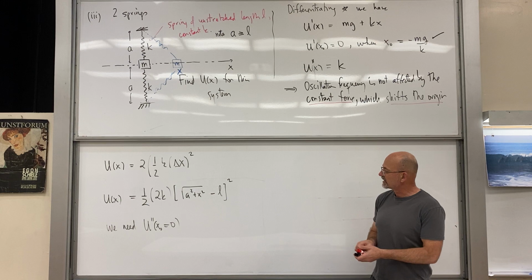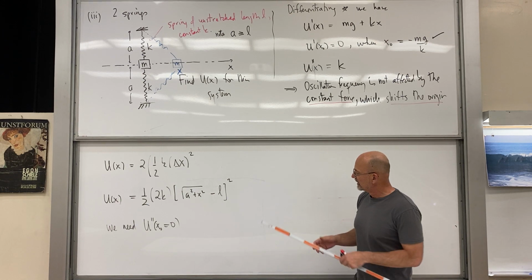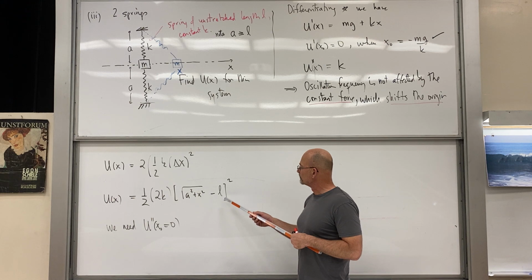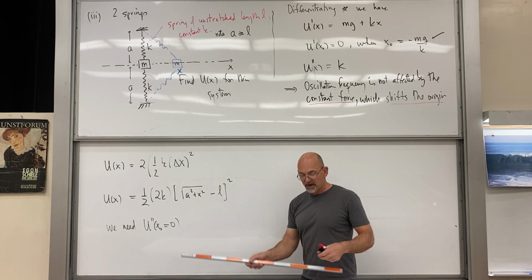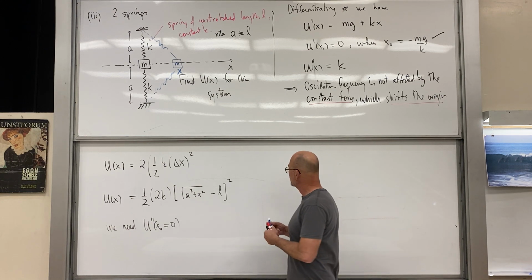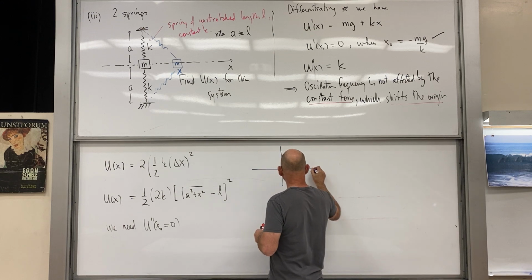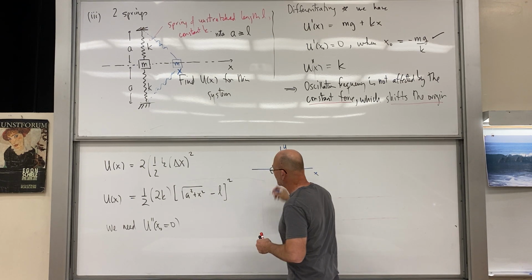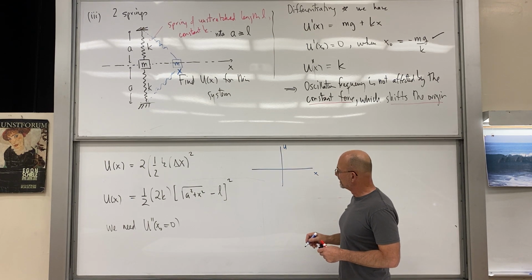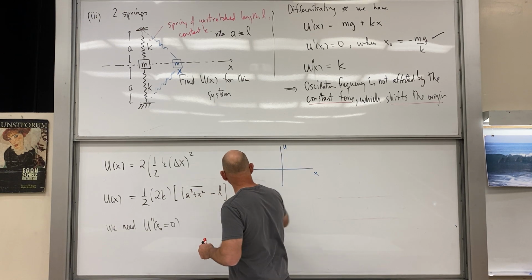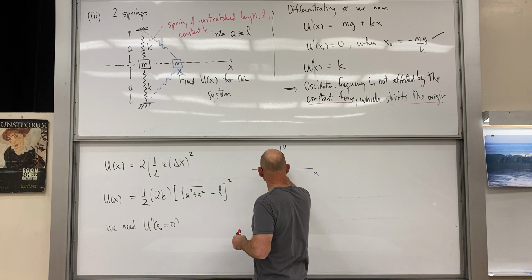So first, if we just think about this function a bit, what does it do? It's symmetric. Let's go ahead and try to graph it before we do anything. It's clearly symmetric, and when x is equal to 0, it's root a squared minus L. Okay.